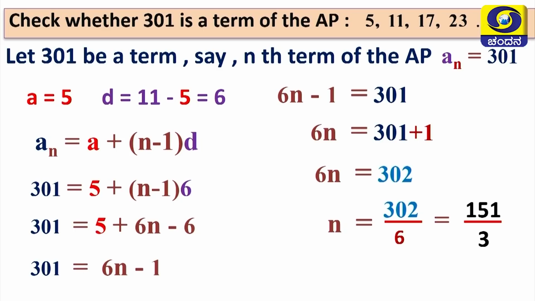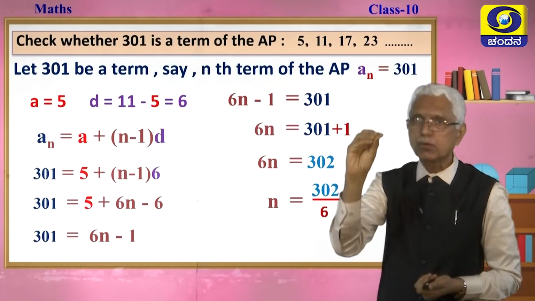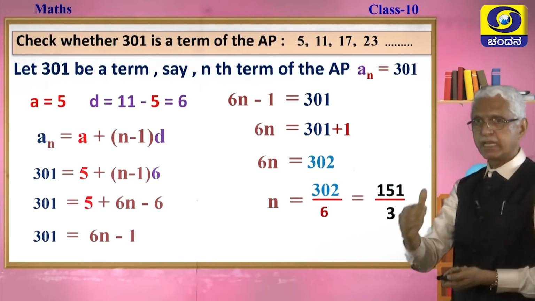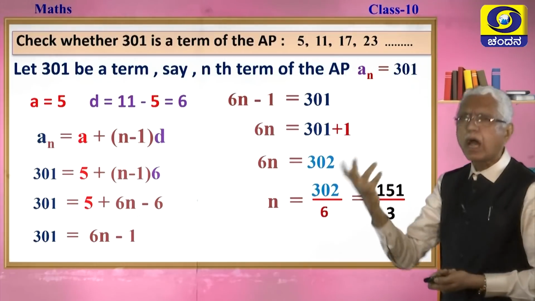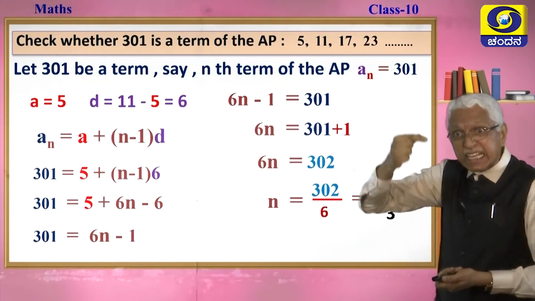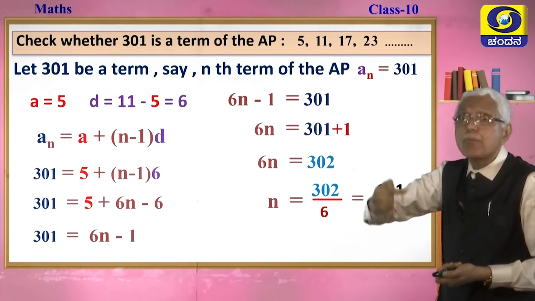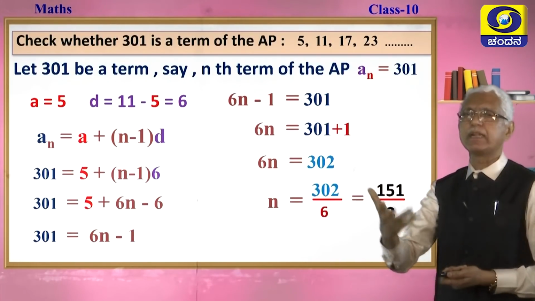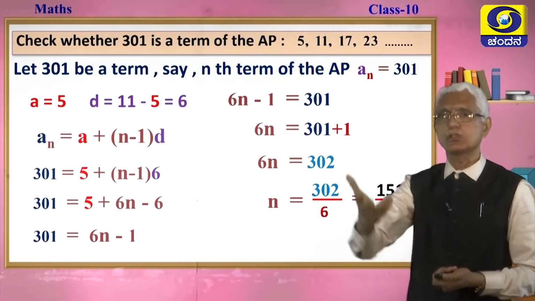You understood my language? If 301 were to be there, it should have been 25th term, or the 37th, or the 42nd. That means that n should have been some natural number. It should have been 20, 35, 40, 52, 62, something.